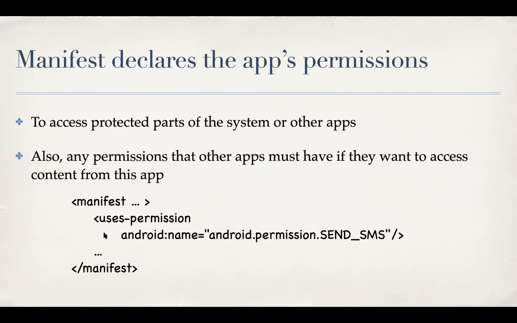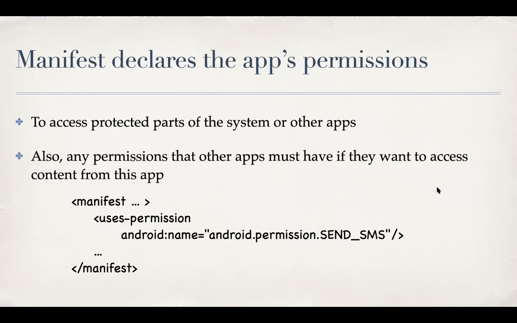So we'll see an example of declaring permissions for, say, sending SMS. Inside the manifest, as a child of the manifest itself, you'll declare uses-permission, and then it can be something like android:name equals android.permission.SEND_SMS.